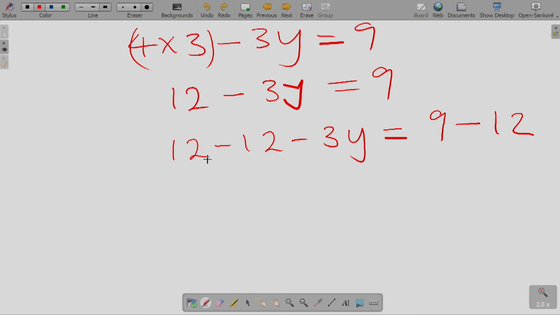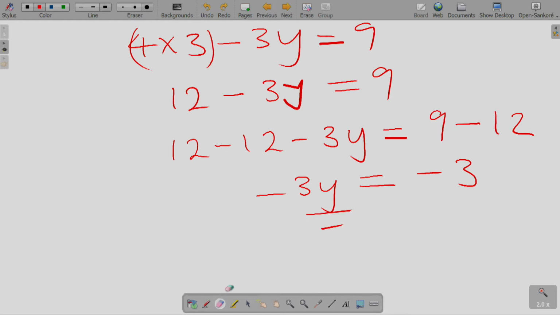So 12 minus 12 equal to 0, so it will remain only minus 3y equal to 9 minus 12, so we'll get minus 3. Let's divide both sides by minus 3. From this side it will remain only y equal to minus 3 divided by minus 3 equal to 1.